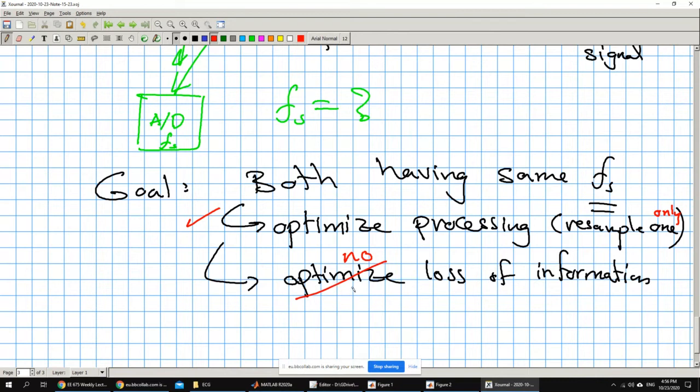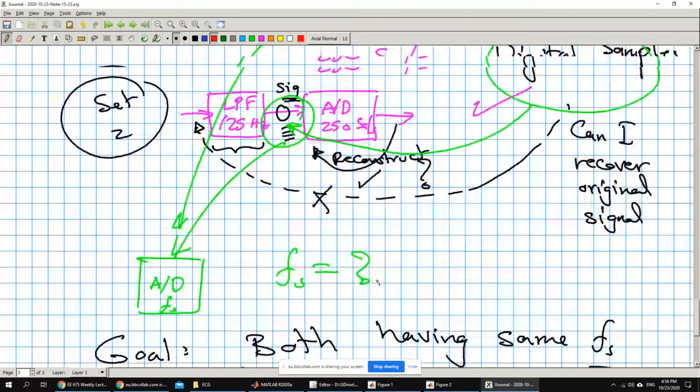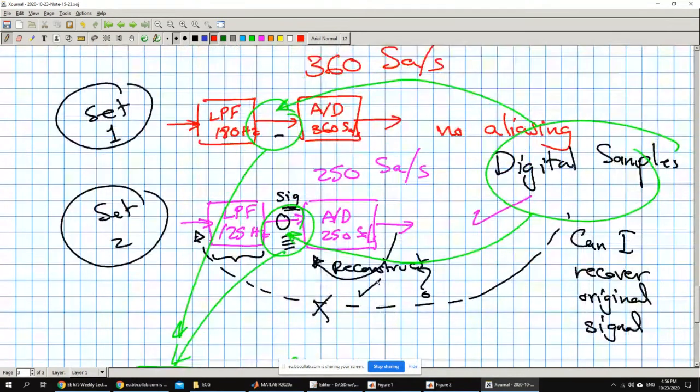But here, what about this loss of information thing? If we go up to this part here, I applied here a filter with 180 hertz cutoff frequency. Here I applied a filter with 125 hertz cutoff frequency.